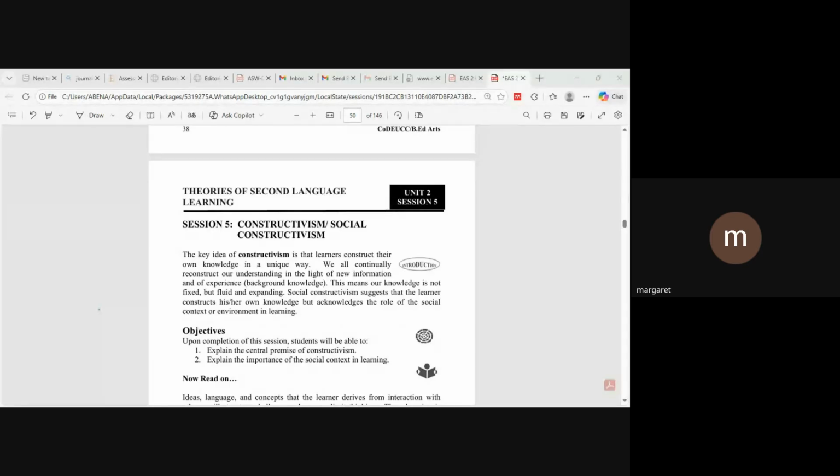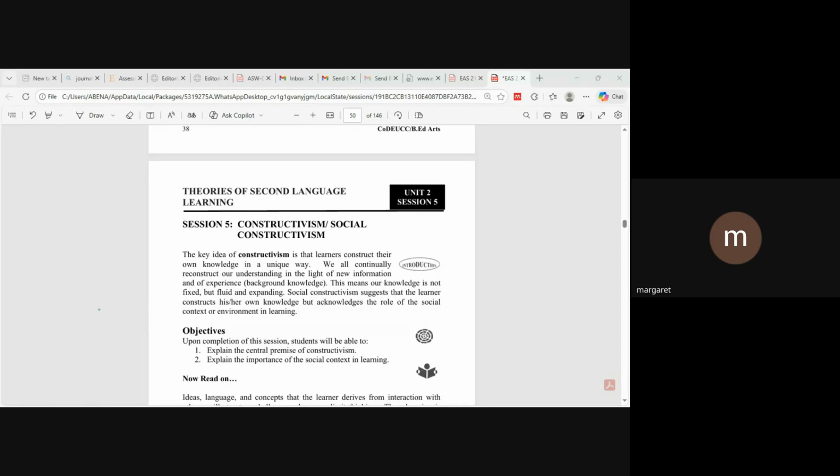And the more they are learning, the more the knowledge bases are expanding. You get it? So knowledge is not fixed as the ones we give them. Knowledge is fluid. We can expand on knowledge. That is what the constructivists are saying.